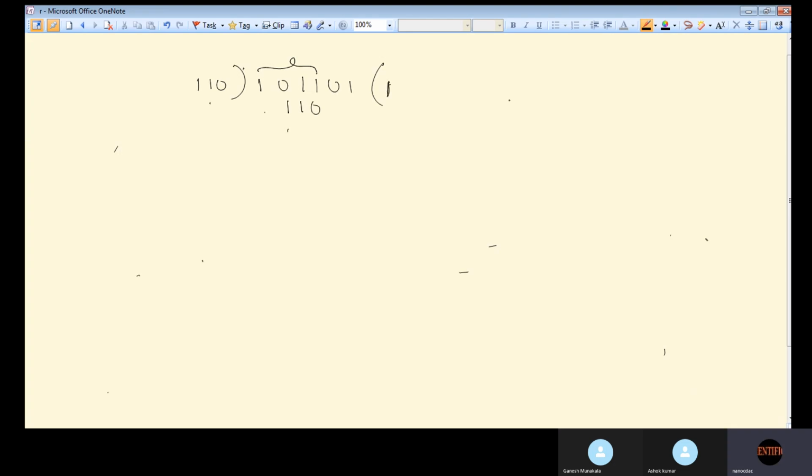Here 1011 minus 110. If you subtract, 1 minus 0 is 1, 1 minus 1 is 0, and now 0 minus 1, tell me what you have to write. Here you can take 1 as borrow.